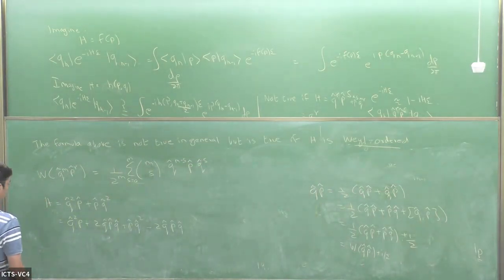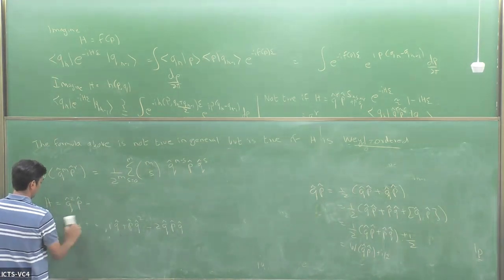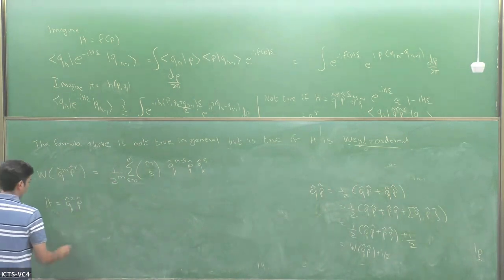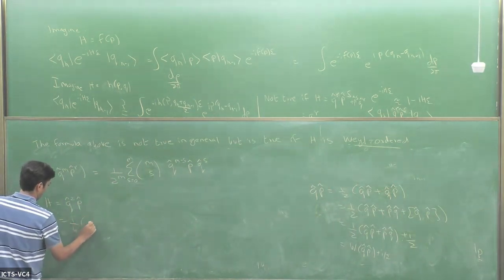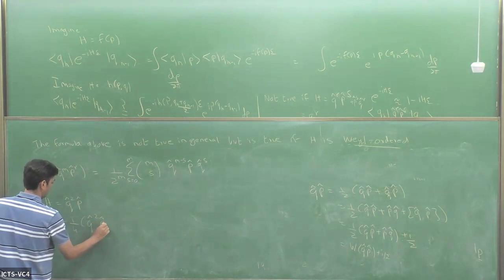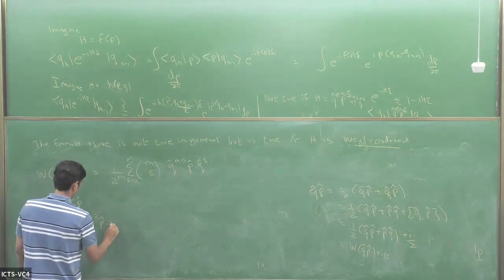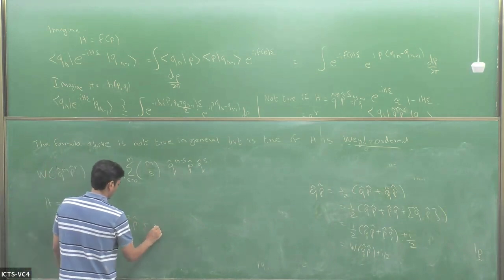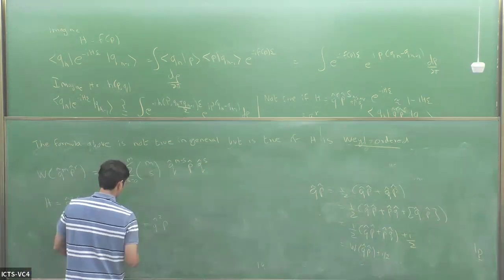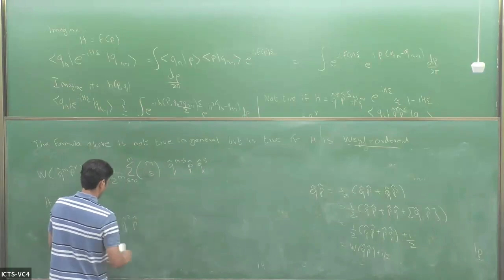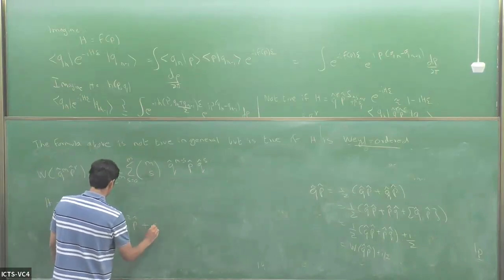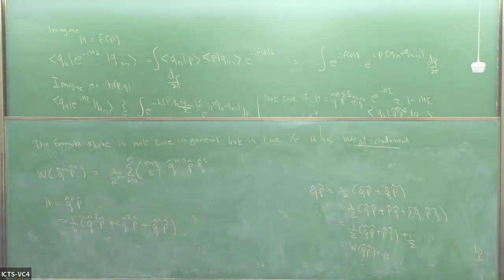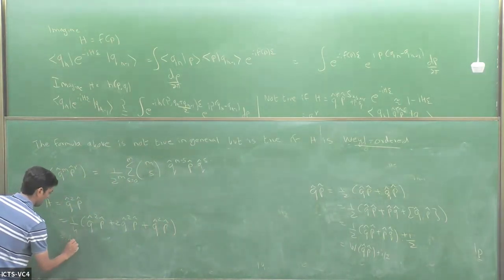Let's start with q hat squared p, actually, rather than starting with the symmetric term. I think I can write this as 1 by 4 of q hat squared p hat plus q hat squared p hat plus twice q hat squared p hat plus q hat squared p hat. And then I can try and convert these into Weyl ordered form.